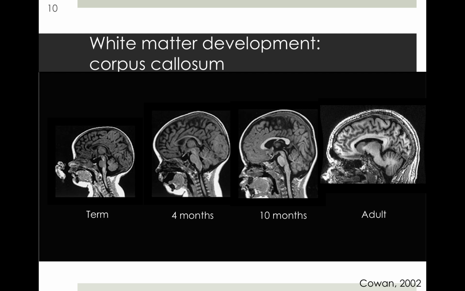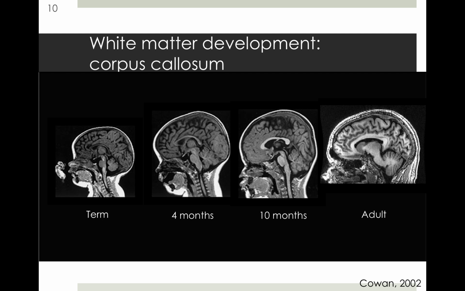Here I'm showing you sagittal views of the corpus callosum that show the corpus callosum from very early on in life all the way until adulthood, right? And so you can see that when the baby is full term, right, so 37 weeks, you can already see that there's the gray matter, white matter areas like the corpus callosum showing up, but as they grow older, you can see that the whiteness of the white matter, especially just focus on the corpus callosum, you can see how that distinction between the whiteness of the white matter and the grayness of the gray matter becomes a lot more clear, right?